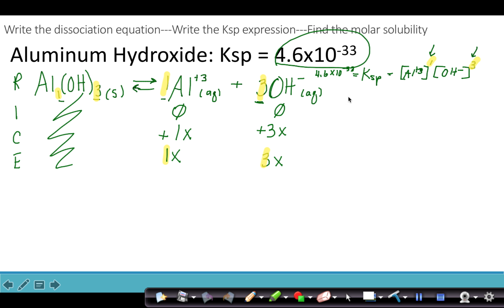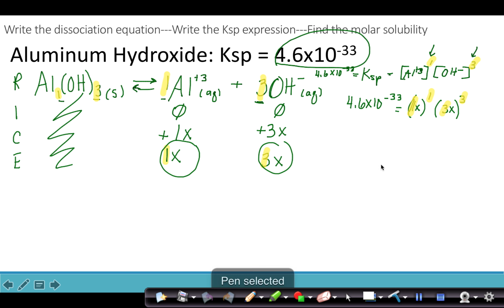So now my Ksp of 4.6 times 10 to the negative 33 is equal to the equilibrium concentration of aluminum, which is 1x to the first, times the equilibrium concentration of hydroxide, which is 3x to the third, again noting coefficient, exponent, coefficient, exponent. They all came from the same place over here. And this is not supposed to be an 11, that's a 1. They all came from the same place. They came from the subscripts in the formula.